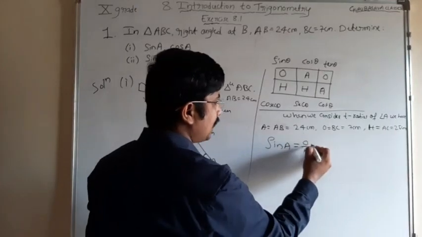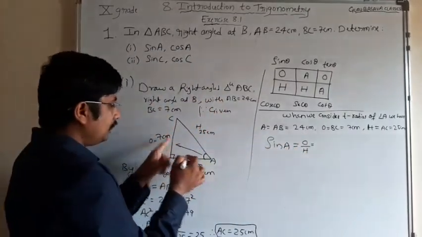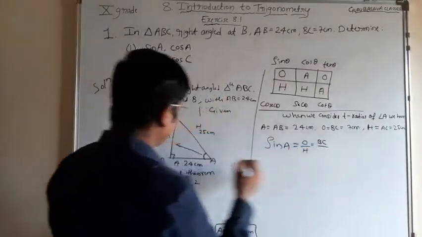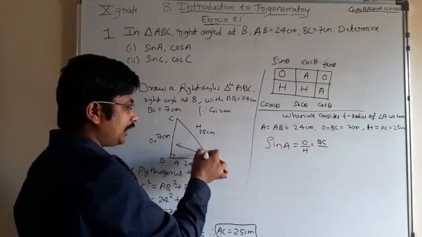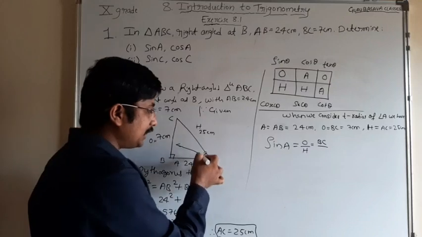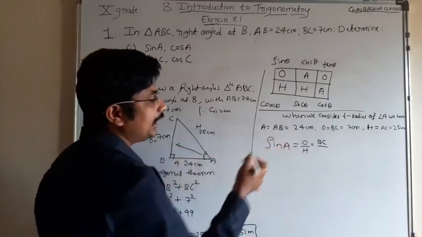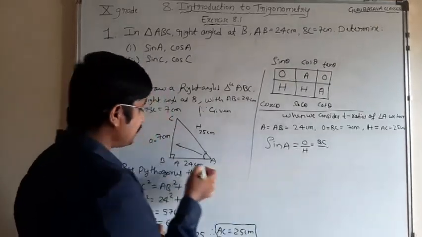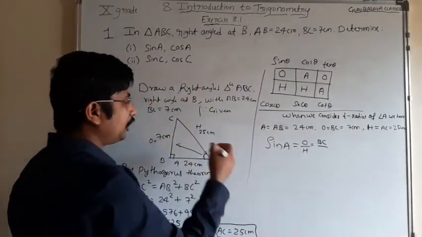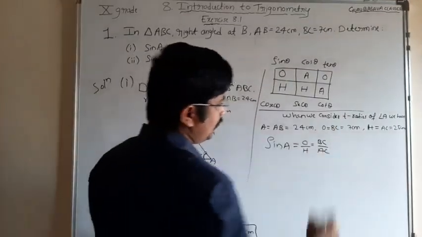Or you can write it as BC divided by AC. The opposite side with angle A is BC, because sin of angle A is given, and the hypotenuse is AC.